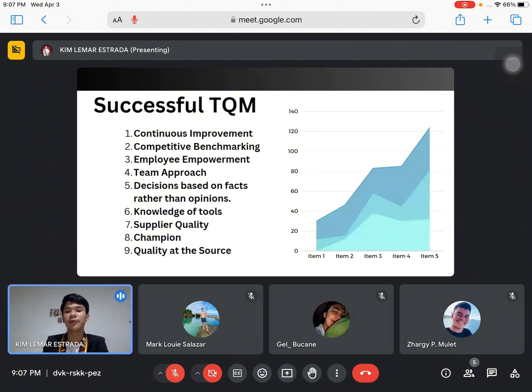Decisions based on facts rather than opinions. It is important to make a decision based on facts, because we don't know if the opinion is correct or has a background.